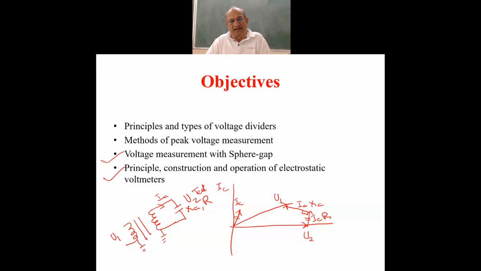There are guidelines for that. The field developed between the two spheres is weakly non-uniform. And the characteristic of a weakly non-uniform field is, like in a uniform field, for a given gap distance, it will always give you a breakdown at the specified voltage.